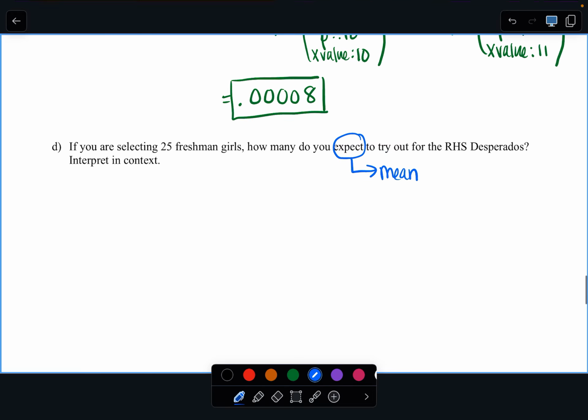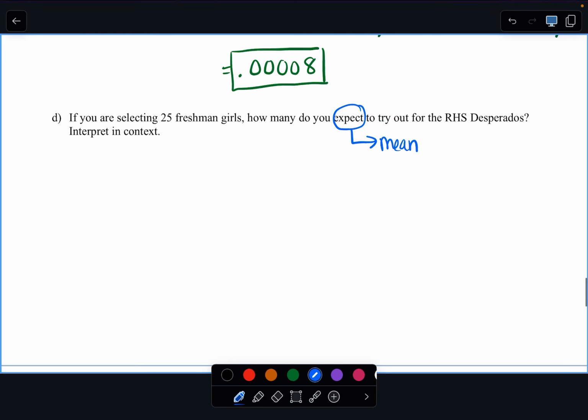A lot of people get caught up on this question and they think they're supposed to be finding a probability and doing binomial because they've been doing binomial for all of the questions. All they want you to do is find the mean. So the formula is n times p. So I have 25 times 0.10, which is going to give me 2.5.